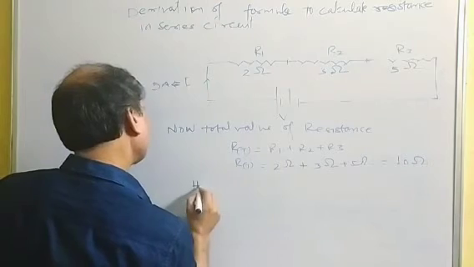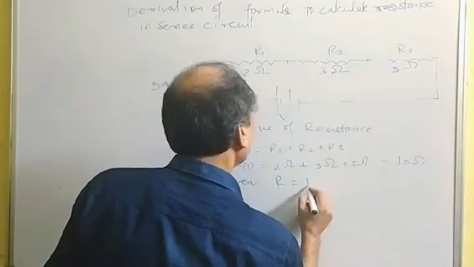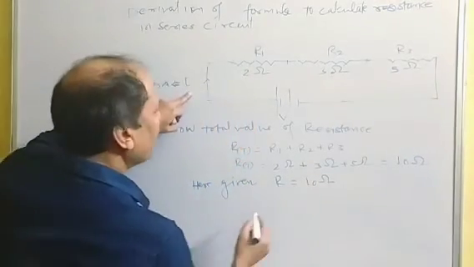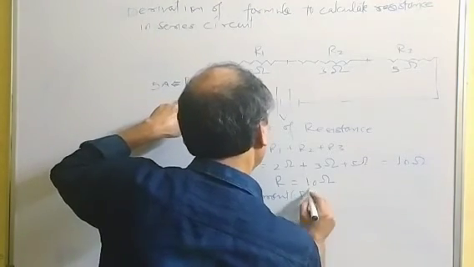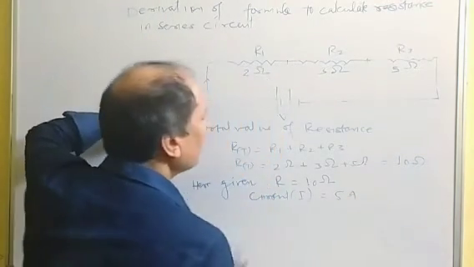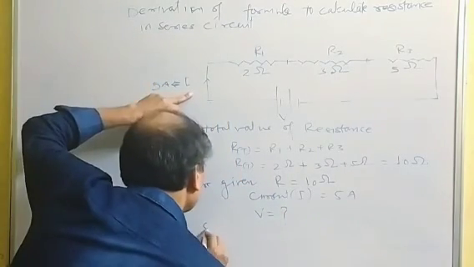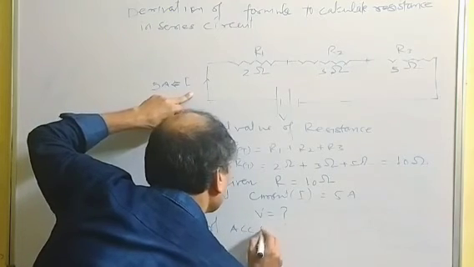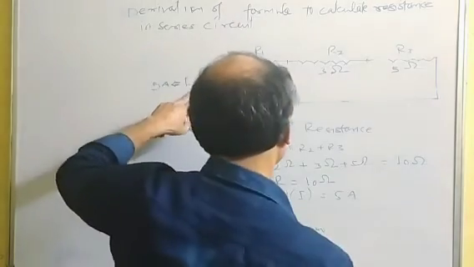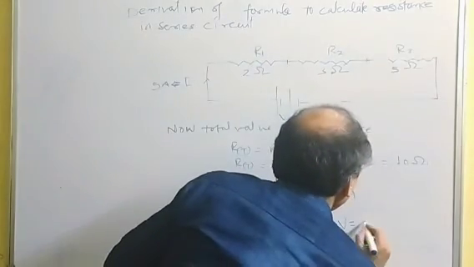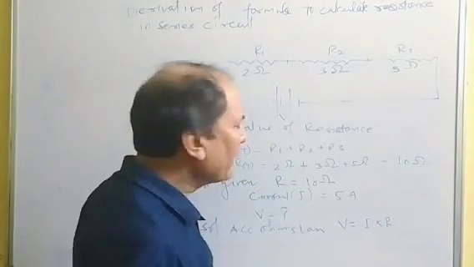So here given resistance equals 10 ohm, current I equals 5 ampere. Now calculate the potential difference. According to Ohm's law, V equals I into R. Potential difference is I into R.